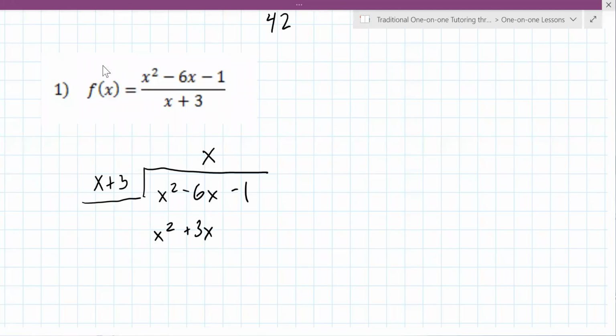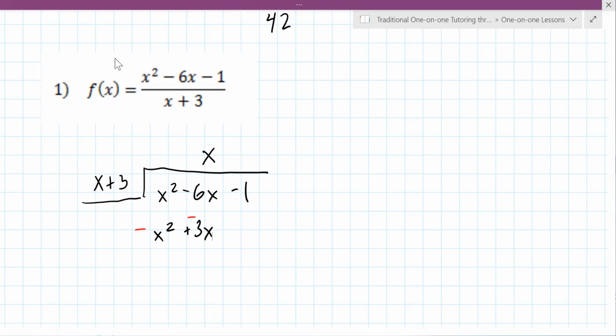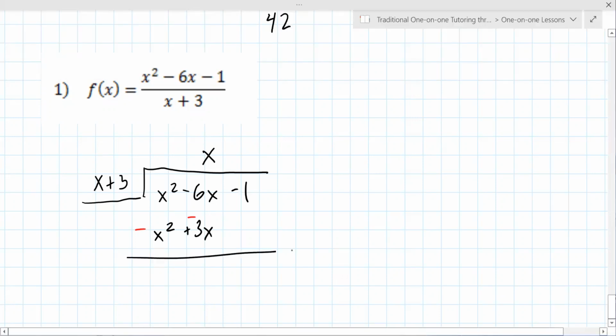Negative, negative, because the 3x is positive. And then you add. So that becomes 0. The first one should always be 0. Minus 9x minus 1. Let's try again. It's not 12. What goes up here to get to minus 9x? Negative 9. Yeah.